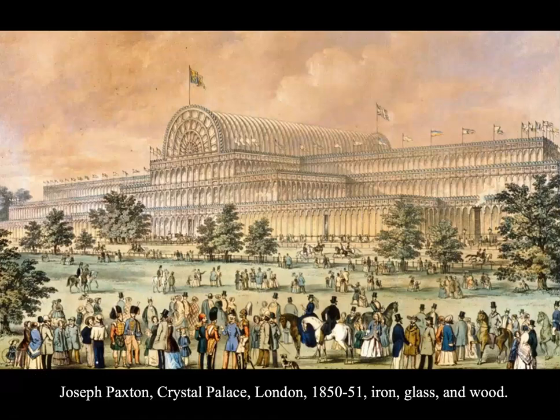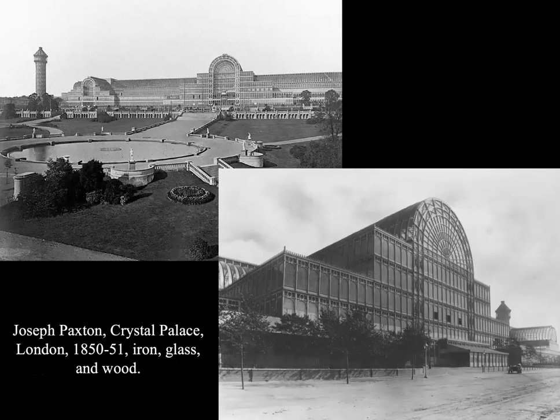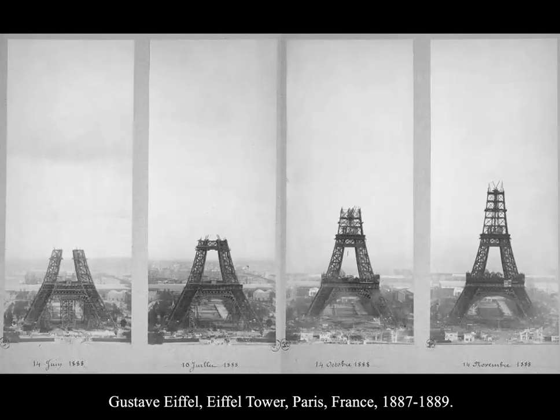It's considered an architectural marvel and a modern piece of engineering, a really great exhibition space created for this fair. Unfortunately, it burned down in 1936, so we could have seen it, which is really sad, but it was destroyed.